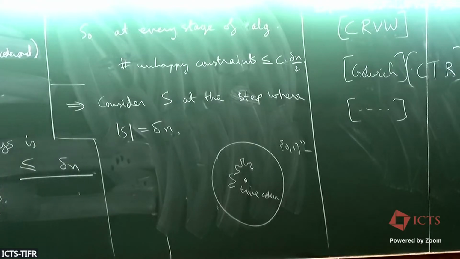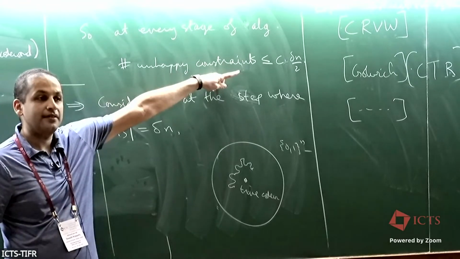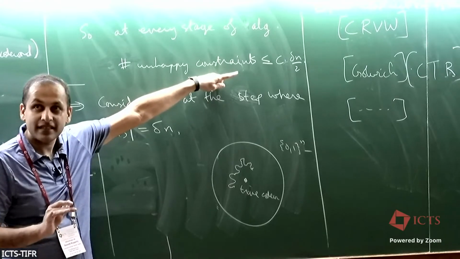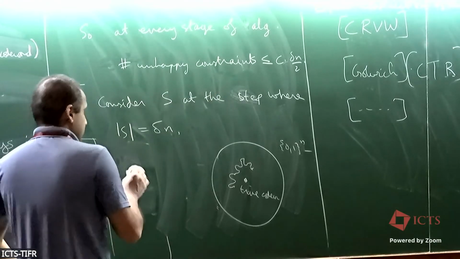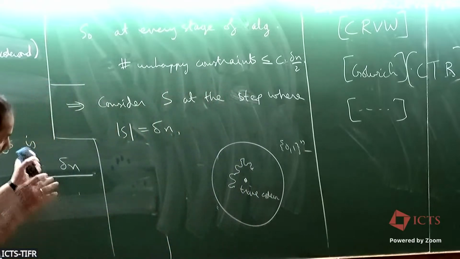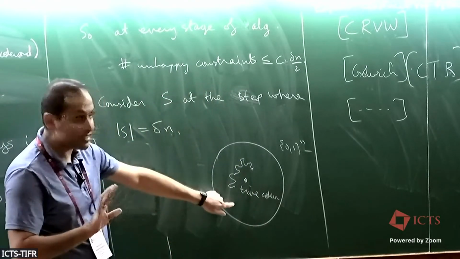At that step, how many unhappy constraints are there? There are lots of unhappy constraints, more than this. So we could not have been in such a state. If you go too far, there's no promises anymore.